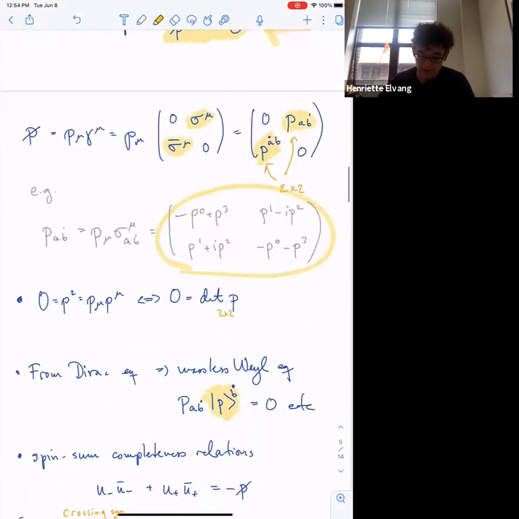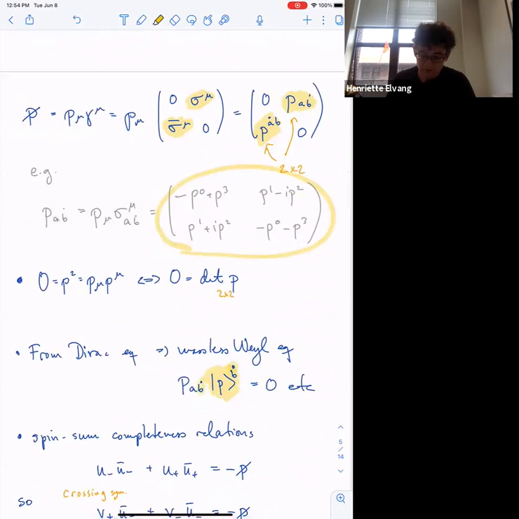And so they will end up dotting in just the right way, as matrix multiplication, and that gives you 0. So another way we could have introduced the angle and square spinors would have been to say, oh, these are exactly the left and right null vectors of the 2x2 matrix P. They must exist because that matrix has only rank 1 instead of rank 2.